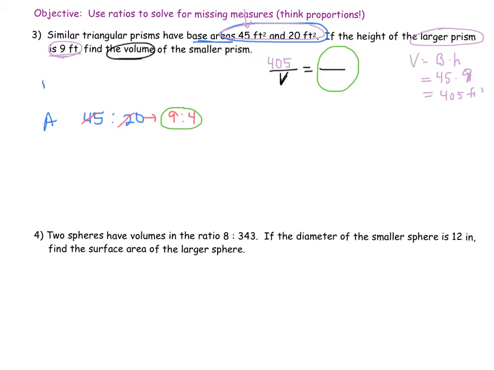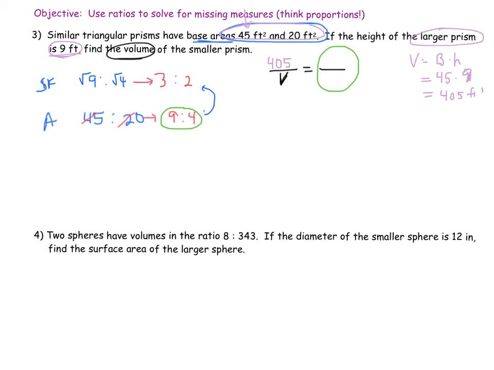So let's go backwards and figure out the scale factor by taking my 9 and 4, and I'm going to do the square root of 9 to the square root of 4, and of course the square root of 9 is 3, the square root of 4 is 2, and that's my reduced scale factor ratio. But I don't want the scale factor ratio, I want the volume ratio.